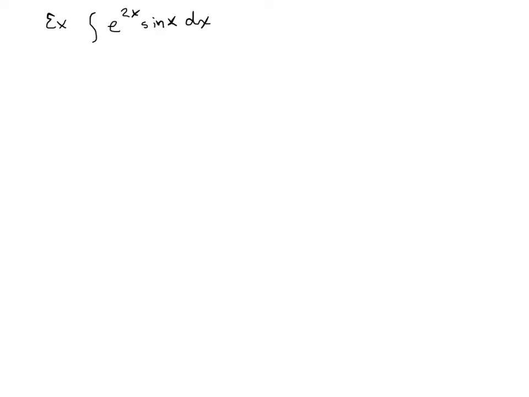So we're going to do 2 integration by parts and then we're going to add one side to the other, or one integral to another. Okay, so for the first integration by parts, u is equal to e to the 2x. So if I take the derivative of that, I get 2 e to the 2x dx. dv is sine of x.